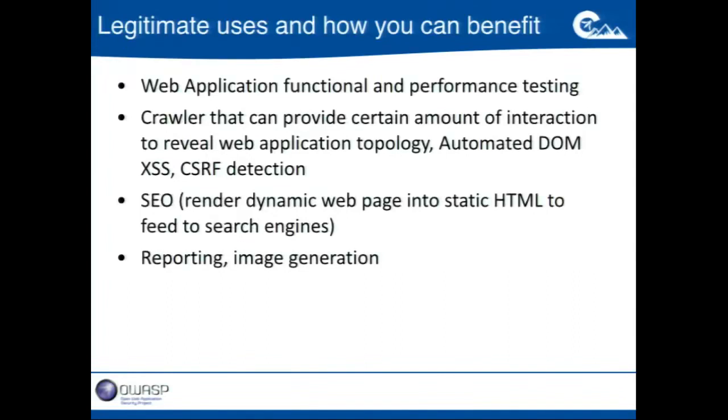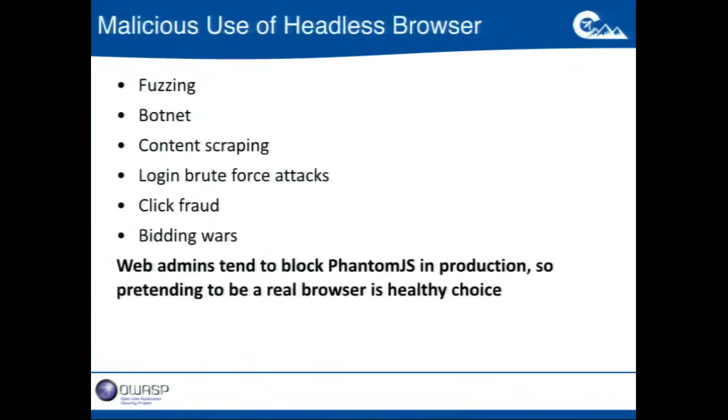PhantomJS can be used maliciously as well. You can run PhantomJS and fuzz a page to find the vulnerable parts of the web page. You can deploy it on a bot network. In fact, last year there was a report on a DDoS attack which used about 180,000 IPs running PhantomJS, simulating about 700 different user agents.